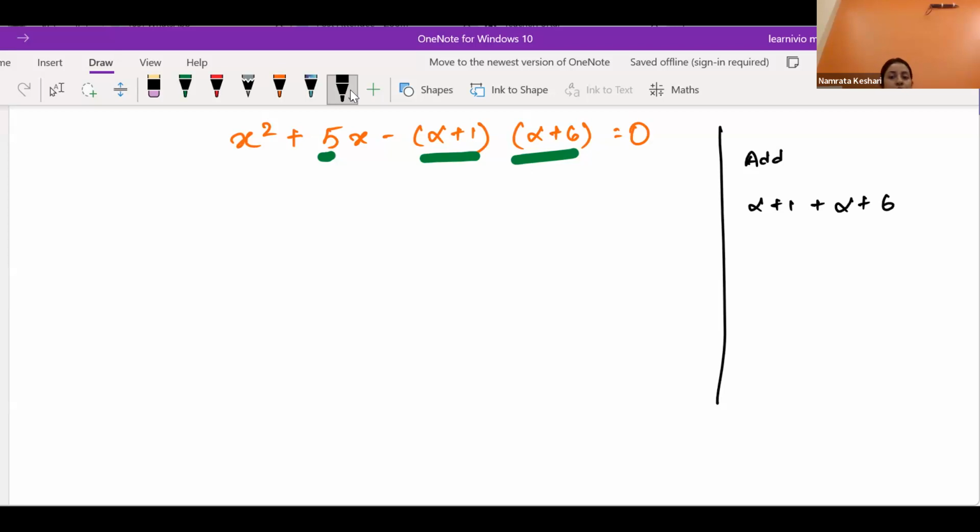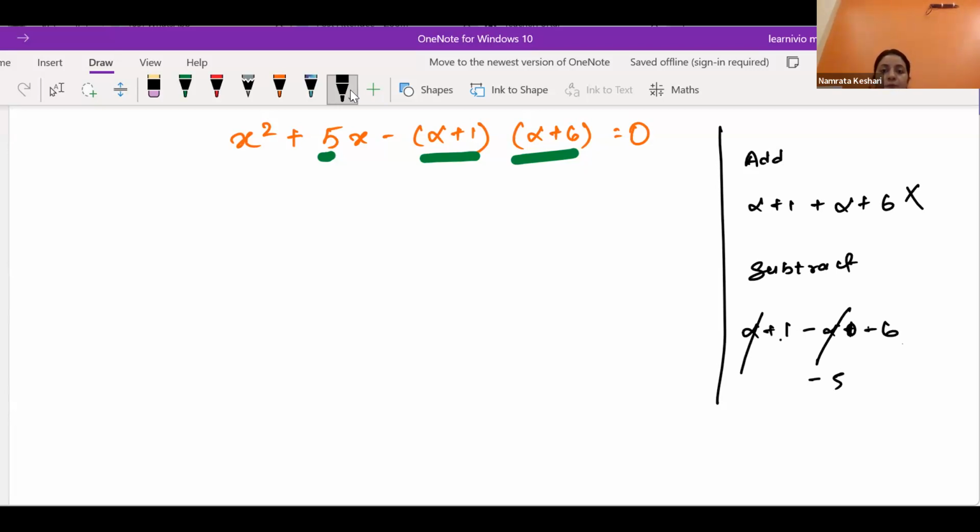No. Okay, it will not create. What about doing the subtraction of these two? Subtract alpha plus 1 with alpha plus 6. Will it create the middle term 5? Oh yeah, alpha and alpha is cancelling out, and 1 minus 6 is minus 5. It is creating 5. Sign we will be able to manage, but it is creating 5.